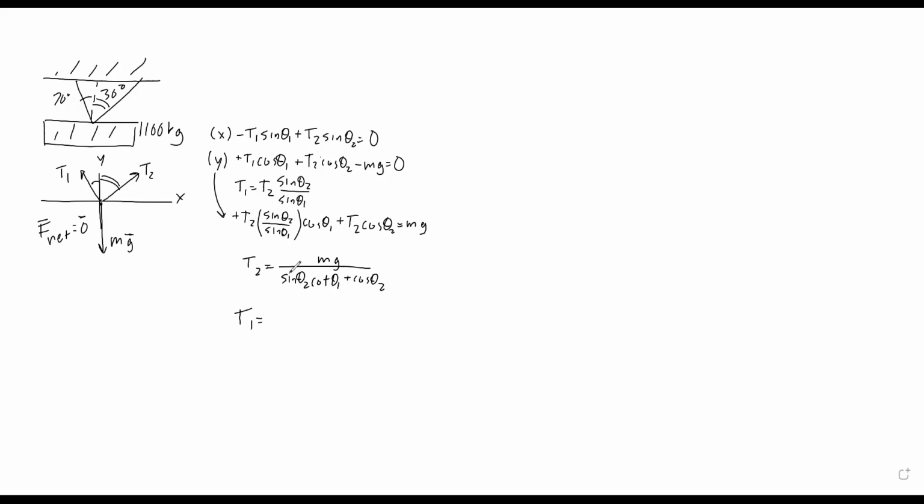It should be something symmetric, but when you multiply by sine of theta 2 over sine theta 1, it should become cotangent, which is cosine over sine. So you should get something symmetric. But I'll let you work that out. That's part of the homework problem.